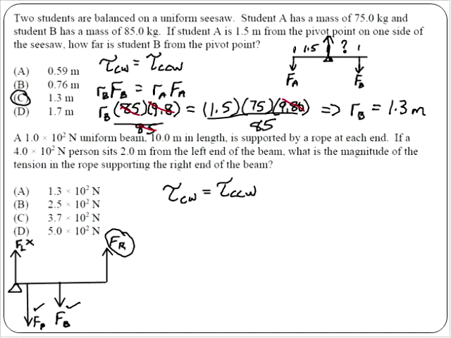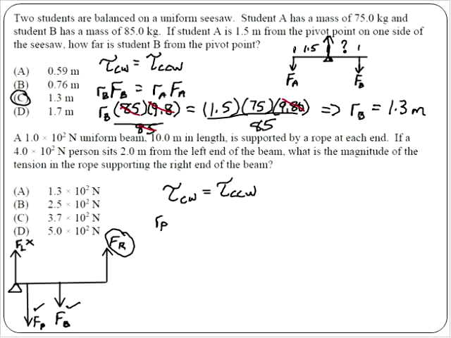So that eliminates that one from the calculation completely. So let's do the rest. Now, clockwise. If I hold my pencil like that where the pivot is, right on the left end, any force that pulls down on the pencil is going to cause a clockwise rotation. So that means both force P and force B are both clockwise torques.